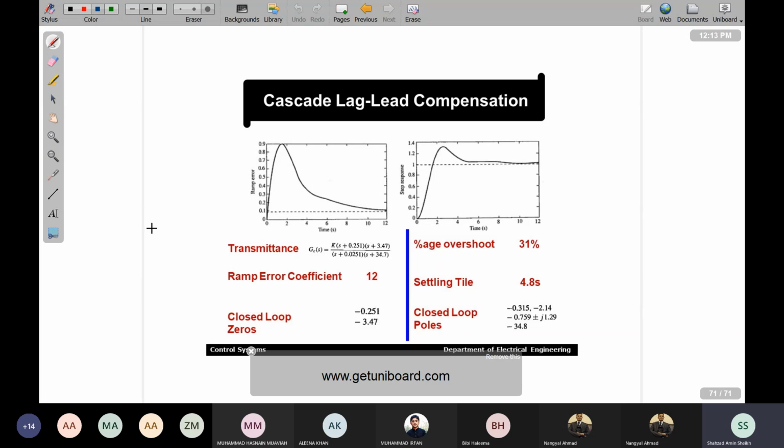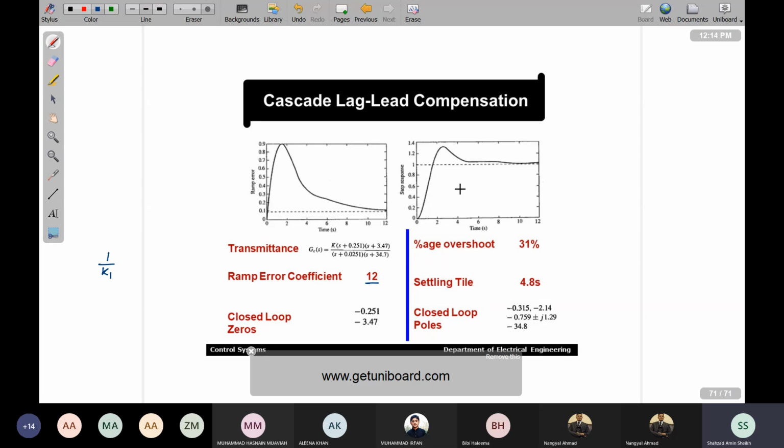In that case, you can calculate it using the formula, and this is my ramp error coefficient in this particular case, and of course it is increased. You can see it, so that's why 1 over k1 जो है that would be reduced, which we have already talked about. और percentage overshoot को अगर हम देखें तो जो lag में थी that was 47%, but here it is 31% in this lag lead compensation system.